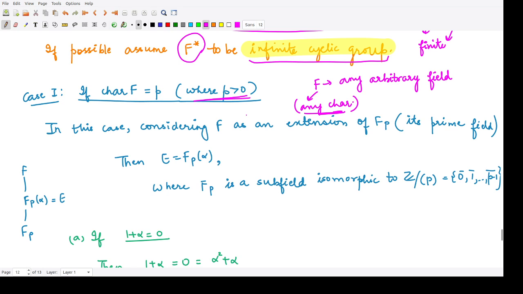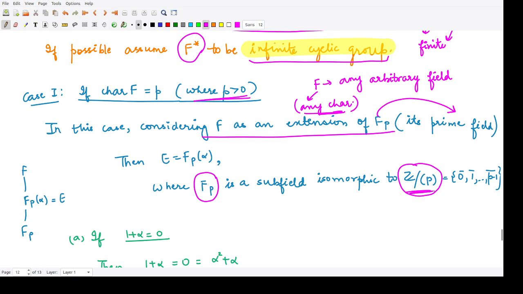So in this case, if we consider F as an extension field of Fp, where Fp is nothing but its prime subfield, that means the smallest field contained in F, then we can write E to be Fp(alpha), because we know every Fp is isomorphic to the integers modulo p. This we have done already.